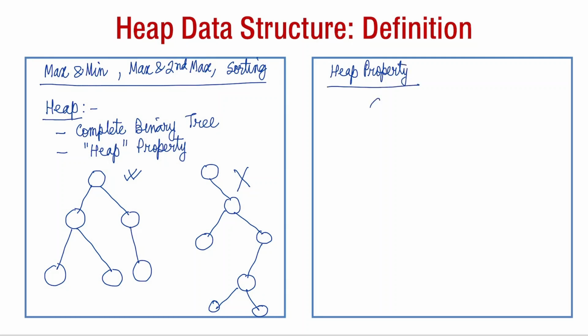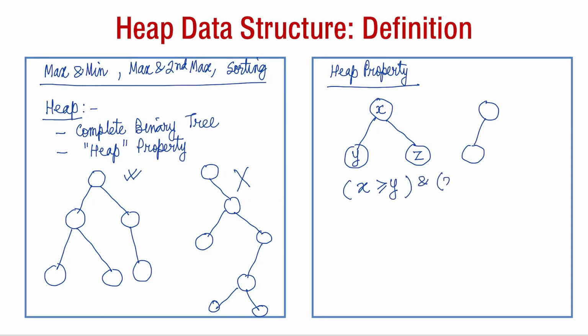The heap property says at any point in time, if you have two children, or in some cases you may have one child, then if this node has a value x, this node has a value y, and this node has a value z, then x must be greater than or equal to y, and x must be greater than or equal to z.